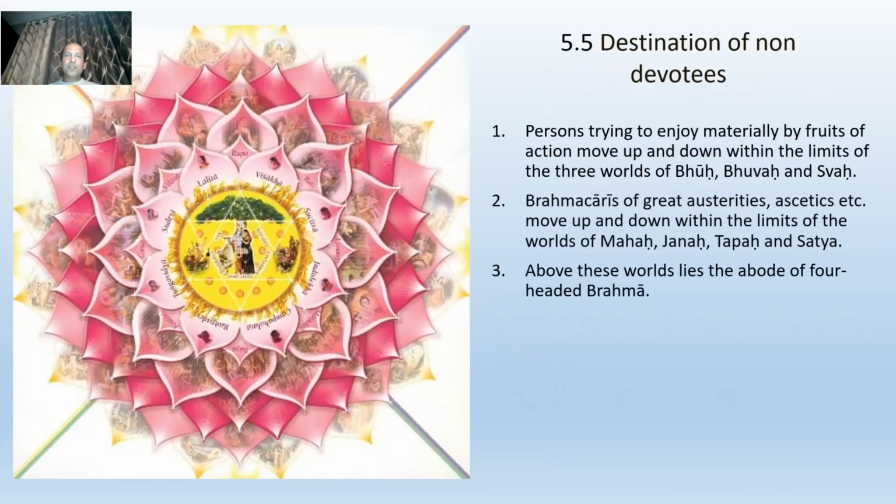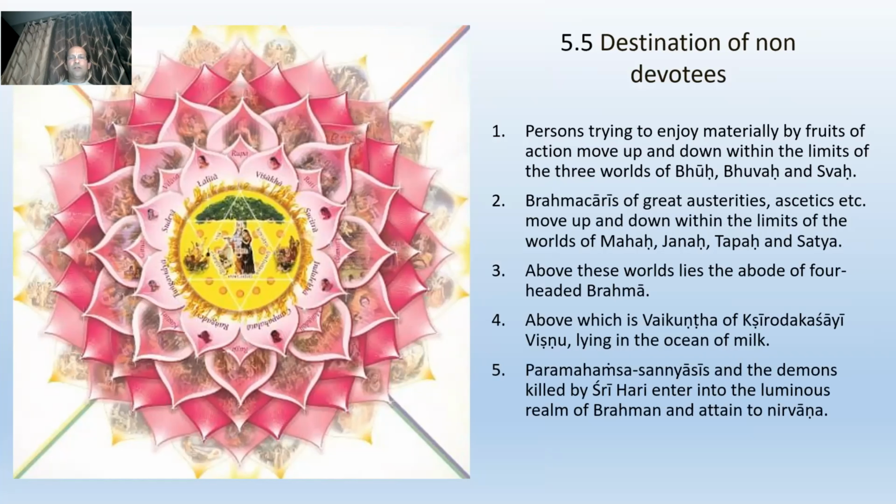Then the destination of non-devotees, this also we saw in the last discussion. The persons who are trying to enjoy the materialistic fruits, the karmis, remain only in Bhu, Bhuva, Swa, the three planetary systems.